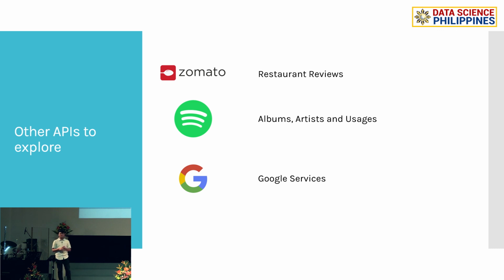In Zomato, you're limited to, if I'm not mistaken, either 500 or 1,000 API requests per day. So you have to control for what you do. In Spotify, I think there's also a limit in API requests. And then the last one, and it's the most obvious one, Google services. One of the things I actually tried to analyze was my emails and my location data.